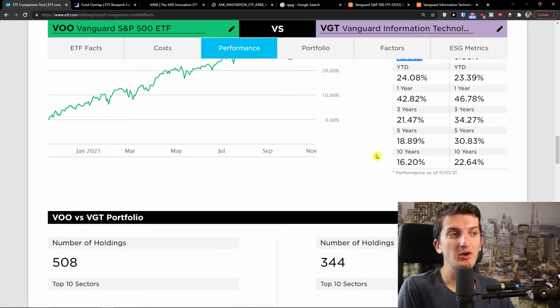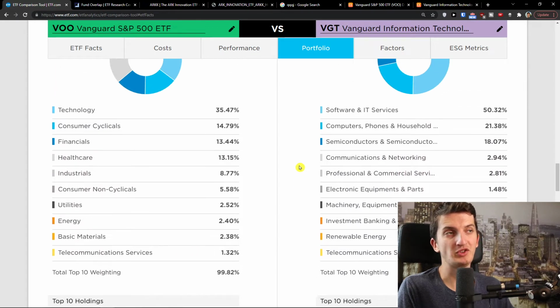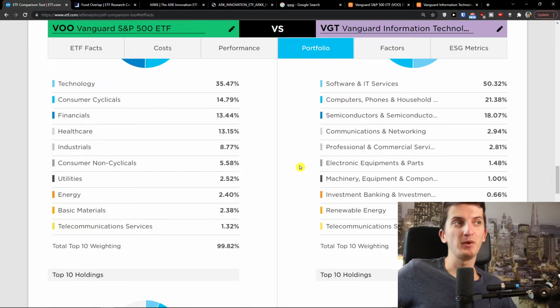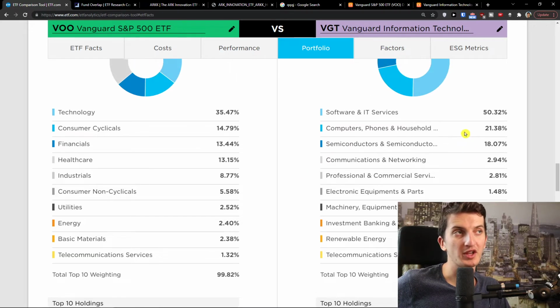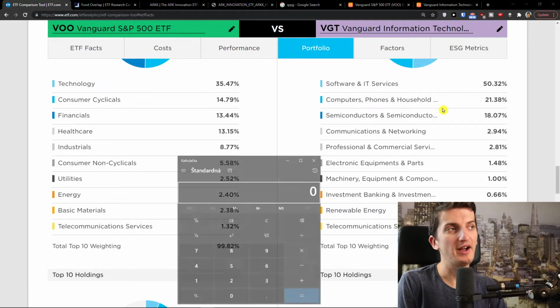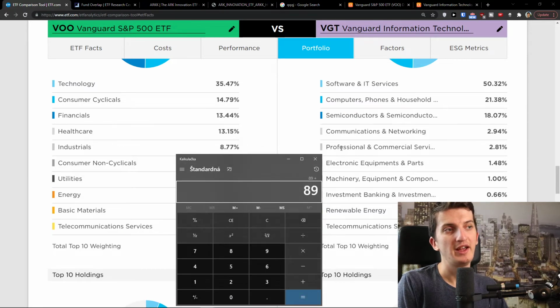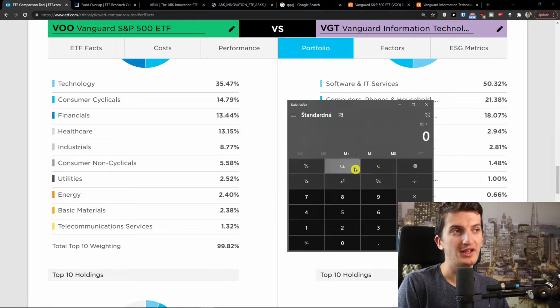Now, when we go even further, we can go to the sectors and look, this is really interesting. You see that you have software, IT services, computers, phones, household, semiconductors, communications, networking, and primarily the software, IT services, computers, phones, household, semiconductors combined, they are 90%, and then everything else. Vanguard is 35% technology, 15% nearly consumer, financials 14, healthcare 14.